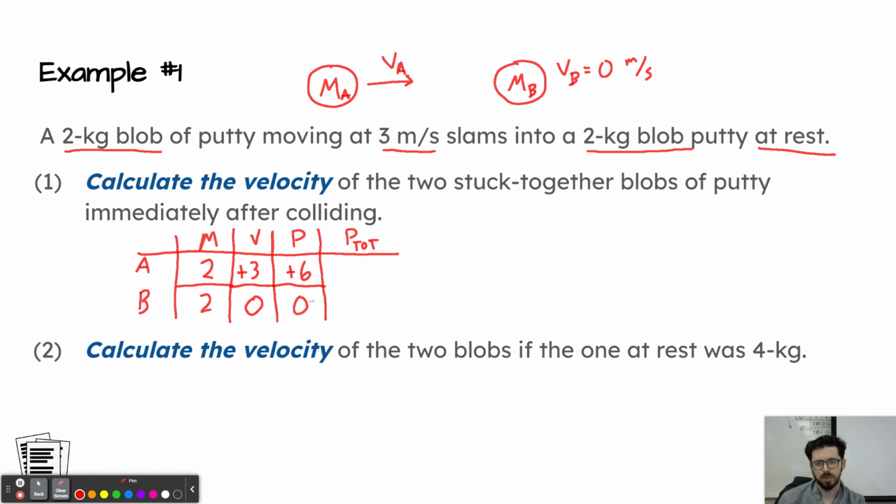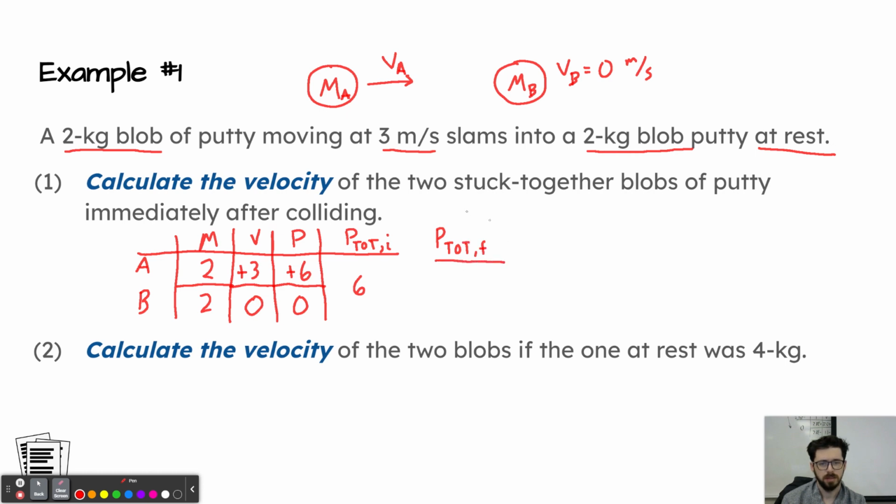So 6 plus 0 gives us a total momentum of 6. It goes without saying, but this was our initial momentum. Now we can calculate the final momentum. We're going to draw the same exact chart, but we're going to draw it backwards. So let's do P total final.